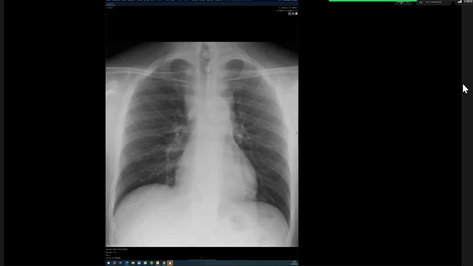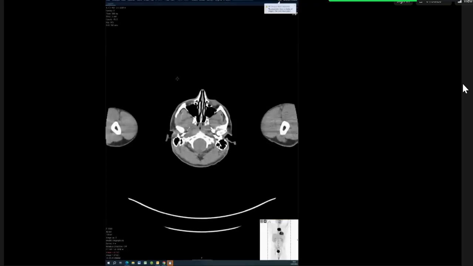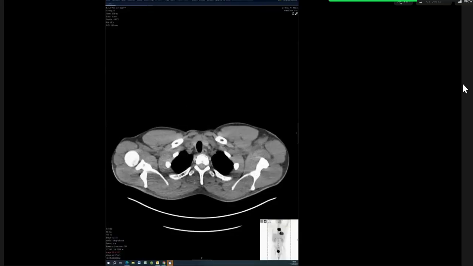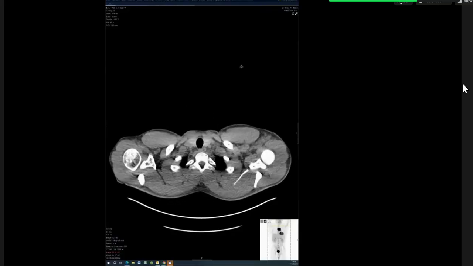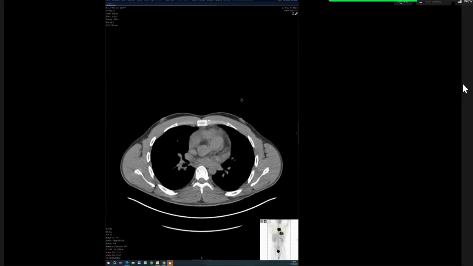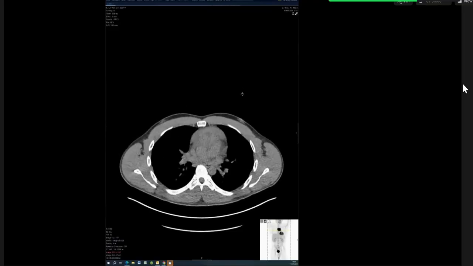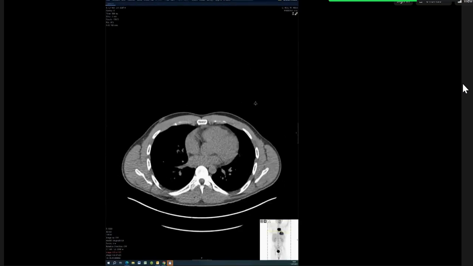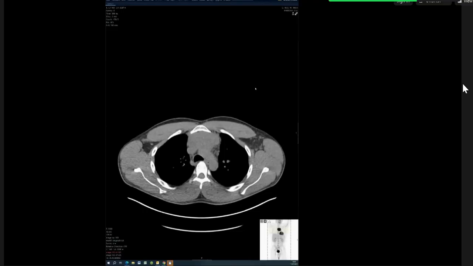What else? Teratoma, that's another anterior mediastinal mass. Anything else? Could be a thyroid. Yeah. So these are the CT images from the PET. I don't have a contrast CT for some reason. So yeah, there is an anterior mediastinal mass.